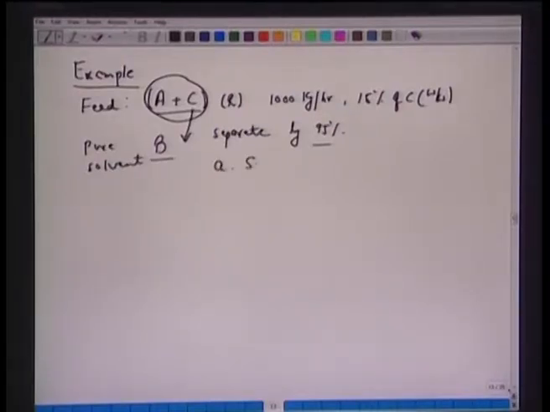A, we have single stage, and B, we have 3 stages.